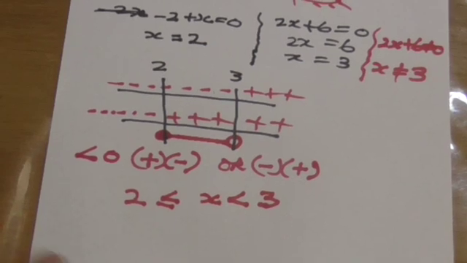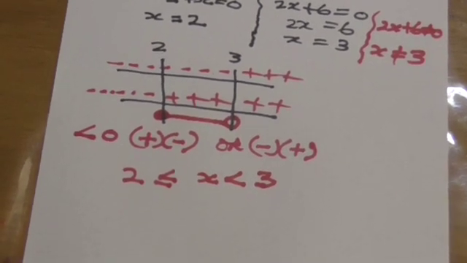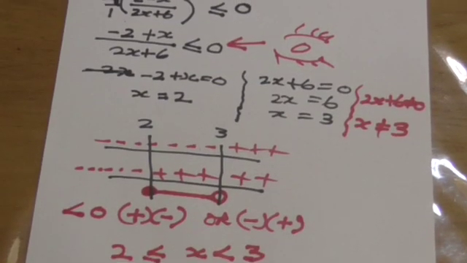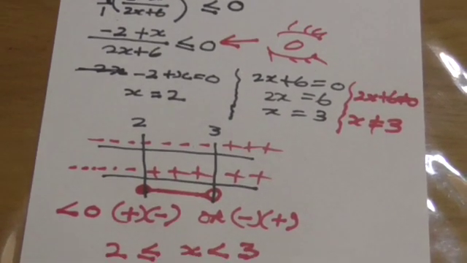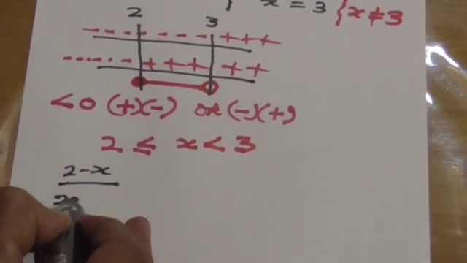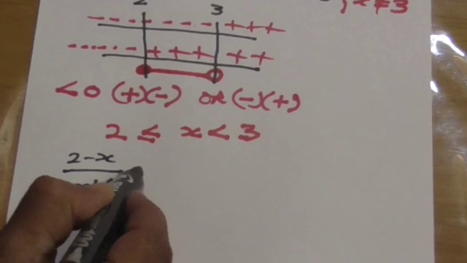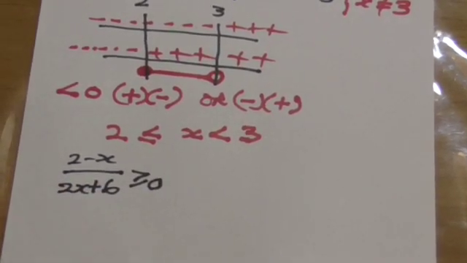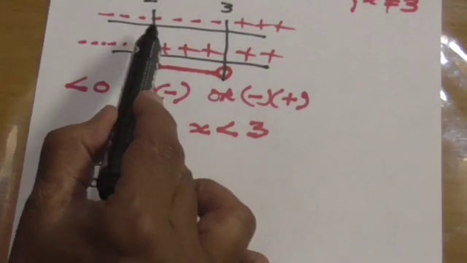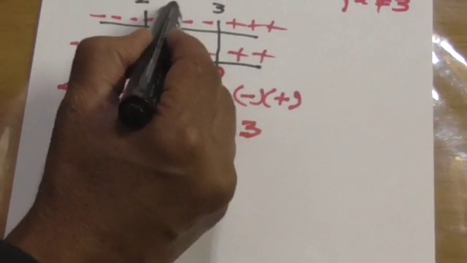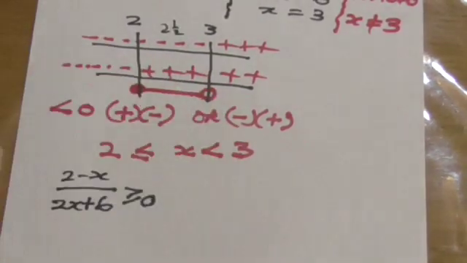Right. Now let's do a substitution and see if this is true in the original question. So the original question is 2 minus x all over 2x plus 6 is greater than or equal to 0. Now, we want to choose a number between 2 and 3. So the number will be 2.5.